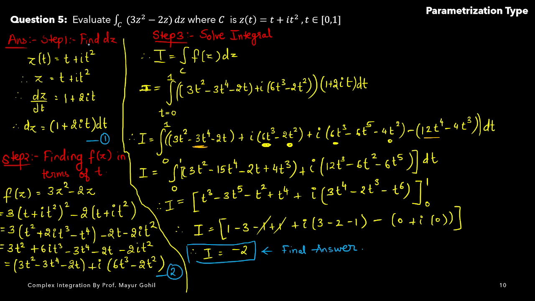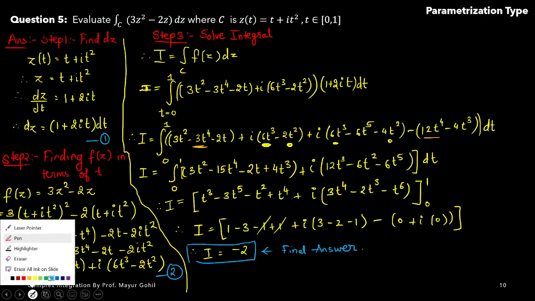You just find dz, that will become dz by dt. In that case the formula will be there as opposed to the ordinary way of doing. So dz you can directly find in terms of t from the relationship which is given to us. Later on, simplify the function and solve the integral.